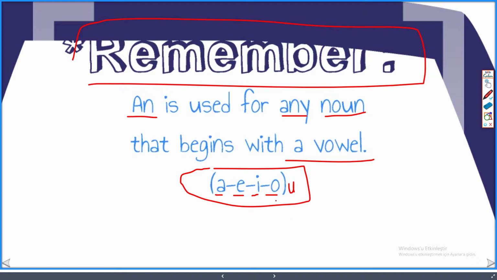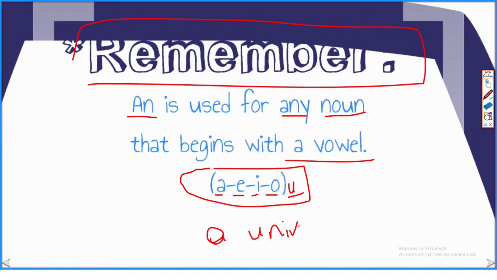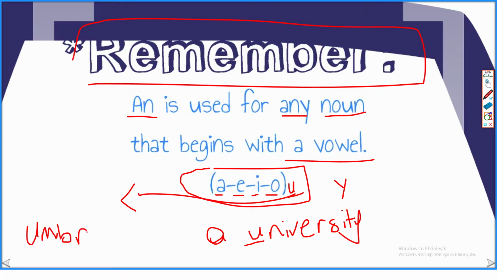But sometimes it may be exceptional. For example, a university, because we say y instead of u. But we have an umbrella.